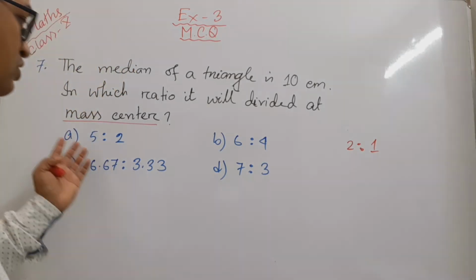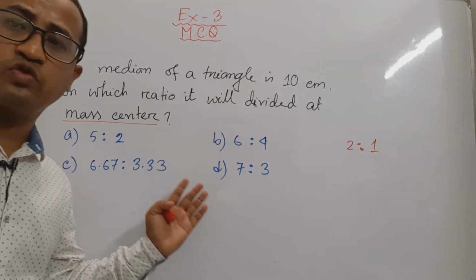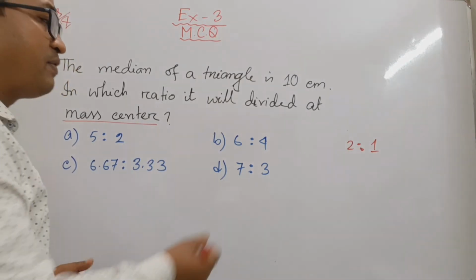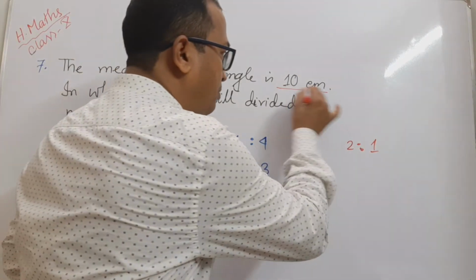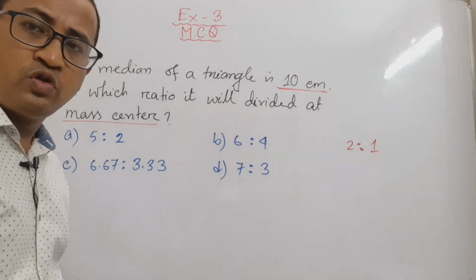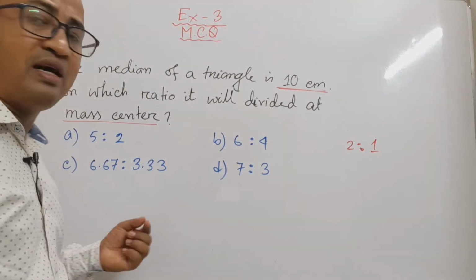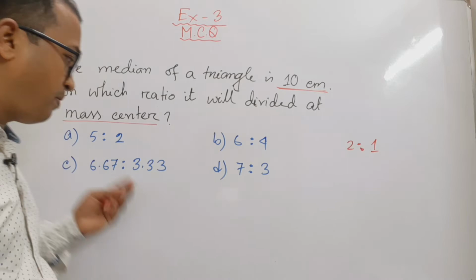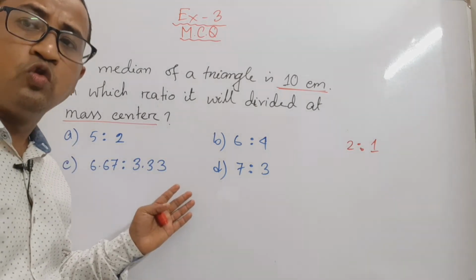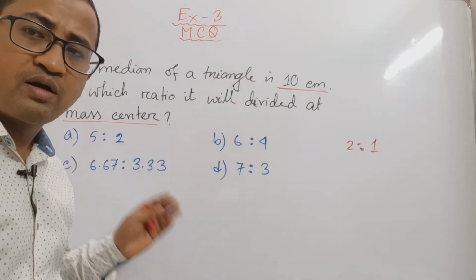But there is no ratio 2:1 among the options, and the measurement of that median is given, that is 10 cm. So among these 4 ratios, which one will be our correct answer?